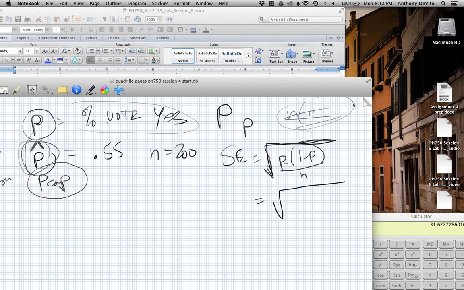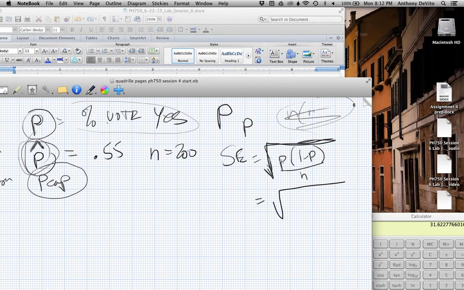If it's 0.5, standard error is going to be very big because there's a lot of uncertainty. Half the people voting yes, half the people voting no. If it's 0.1, there's less uncertainty. You'll see that the standard error comes out lower. You don't have to worry about that now. Just worry about the calculation for now.